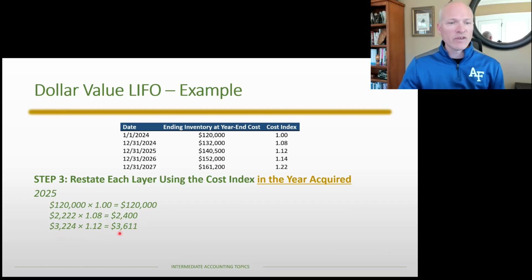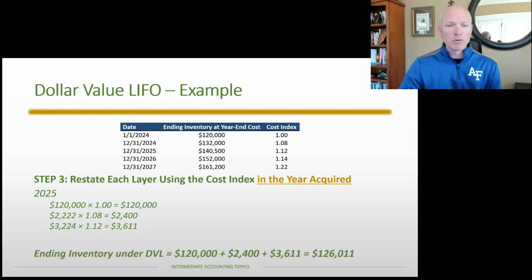And so under dollar value LIFO, we would value the 2025 layer at $3,611. So now we have three layers, all at their acquisition costs. And so we add them all up, and we would report $126,011 under dollar value LIFO. This is our ending inventory amount. We would use that to infer our cost of goods sold.